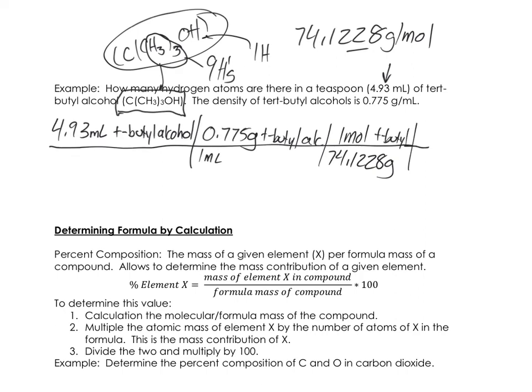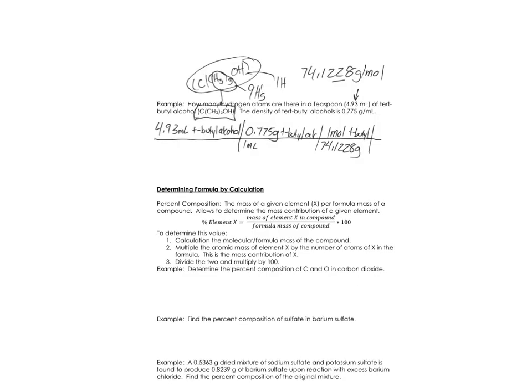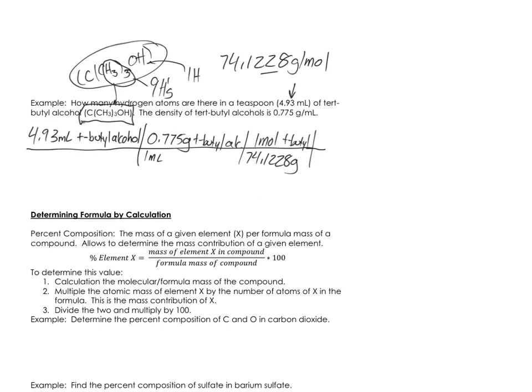Now, at this point in time, I could go from moles to atoms of tert-butyl, or well, molecules of tert-butyl, but instead I'm going to use the ratio of, for every 1 mole of C4H10O, I have 10 moles of hydrogen.